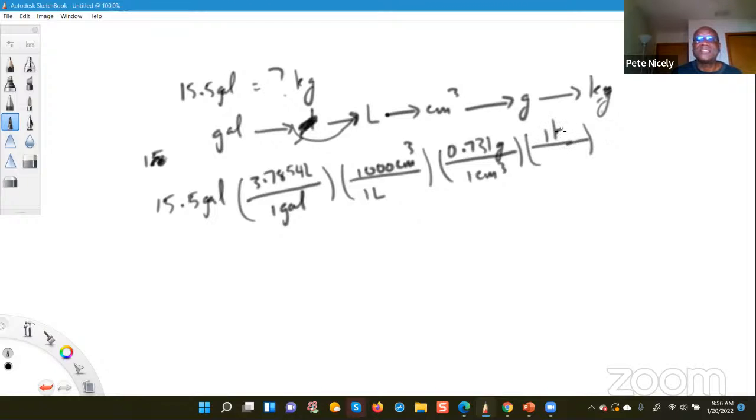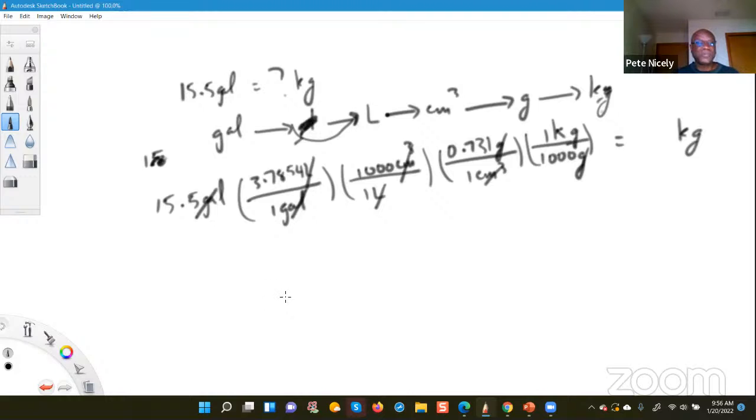And that means I'll put 1 kilogram here as the numerator, 1,000 grams down here as the denominator. So the units that will cancel out would be the gallon units, the liters units, the centimeters cubed units, and the gram units. And the only unit remaining would be the kilogram unit, all right?